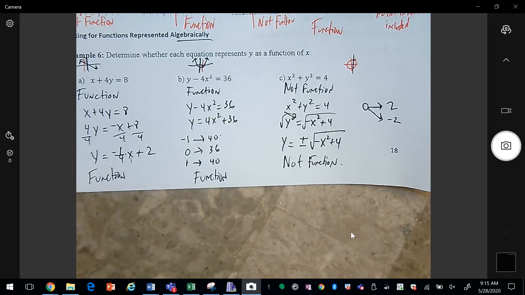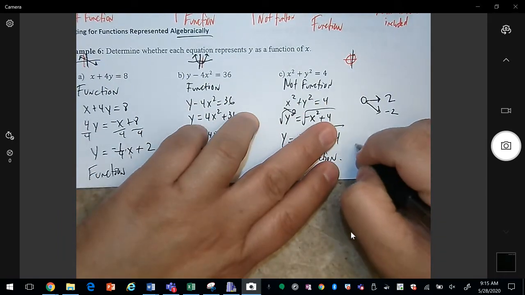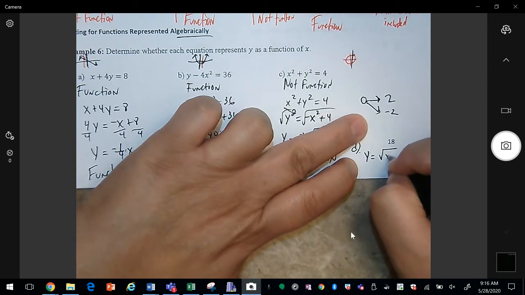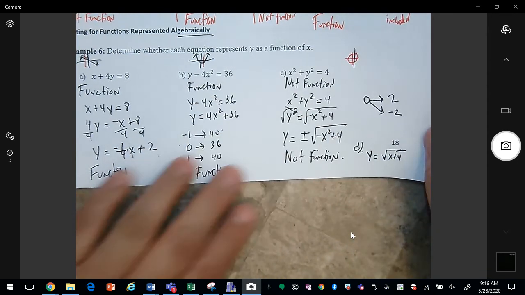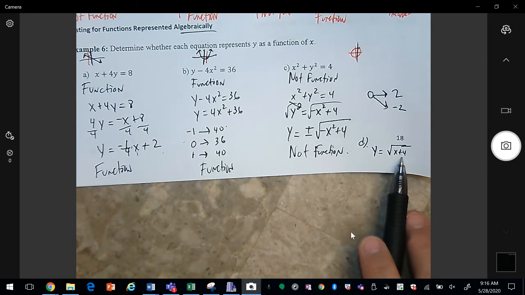another example. Let me write it here. Let's say we have letter D. So y is equal to the square root of x plus 4. So notice here that they already tell you that y is equal to this.